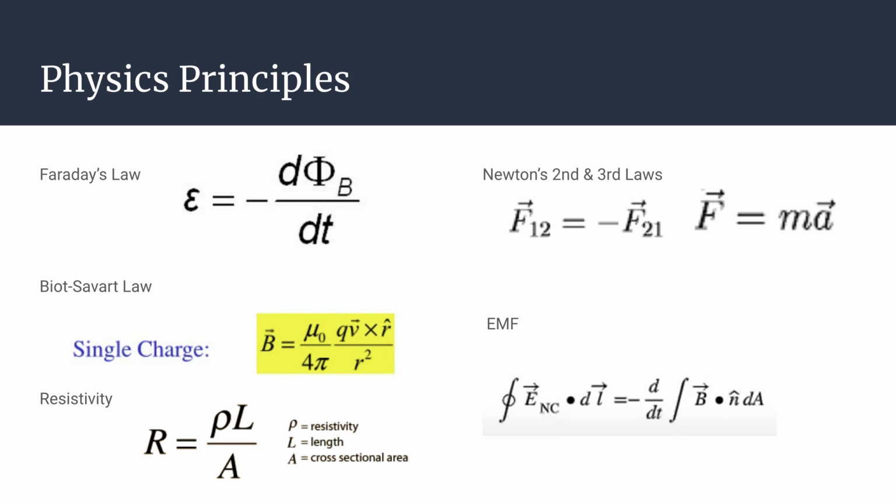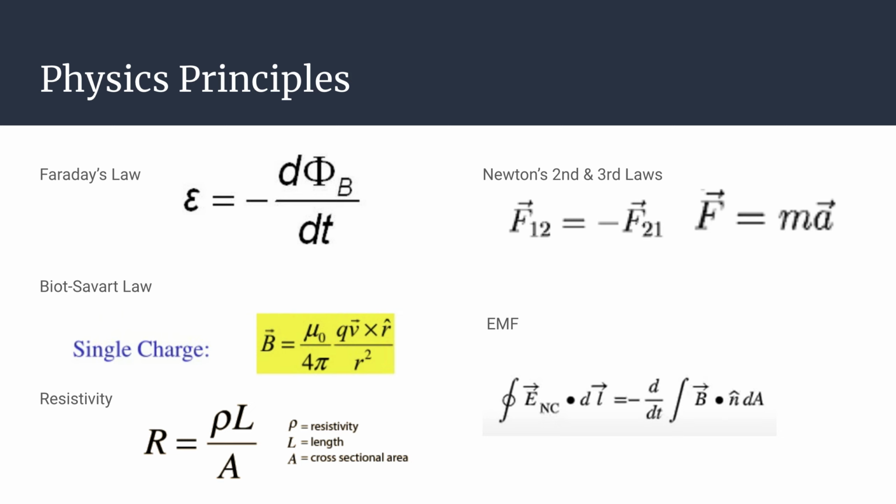We have Faraday's law for the induced current in each of the rings as the magnet falls through it. That's the derivative of flux with respect to time, which gives you the EMF value that's generated. We also need the Biot-Savart law so we can calculate the force generated by the magnet on each ring.